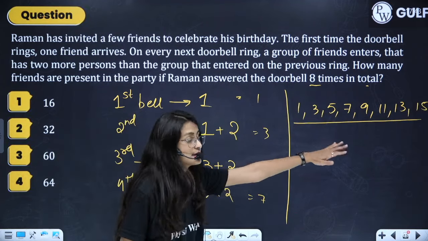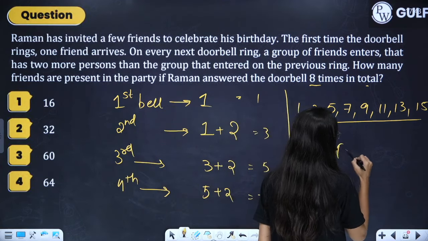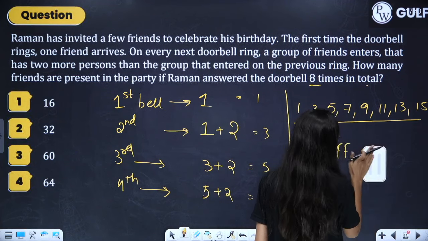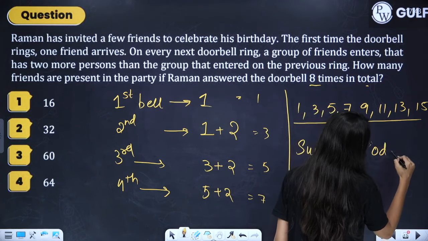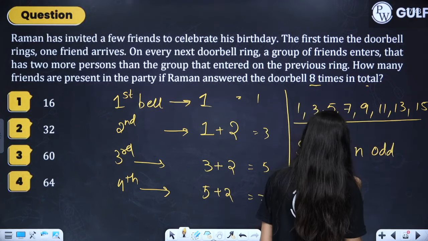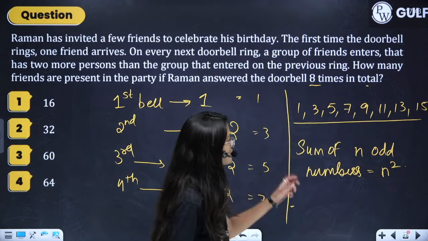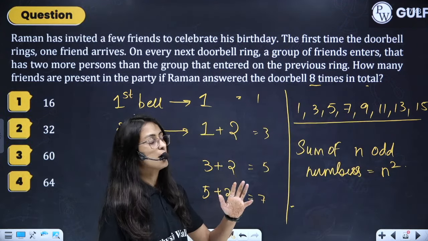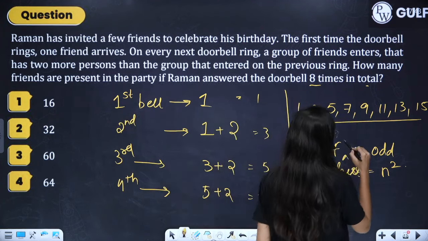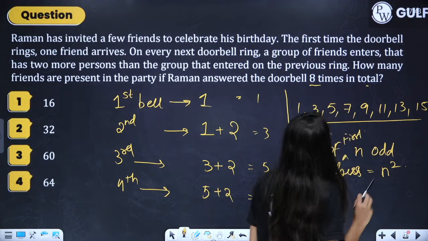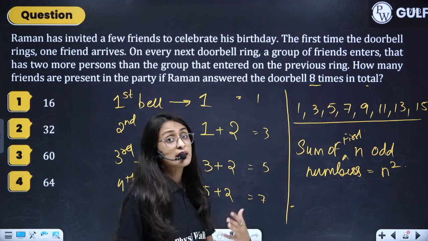Now I need to add these, but we have a formula for this: the sum of the first n odd numbers is n squared. Here we have 1, 2, 3, 4, 5, 6, 7, 8, so 8 odd numbers.